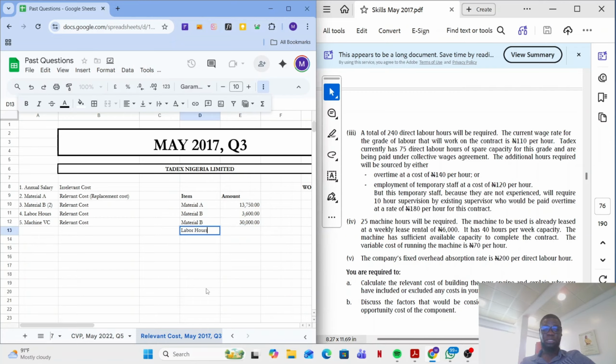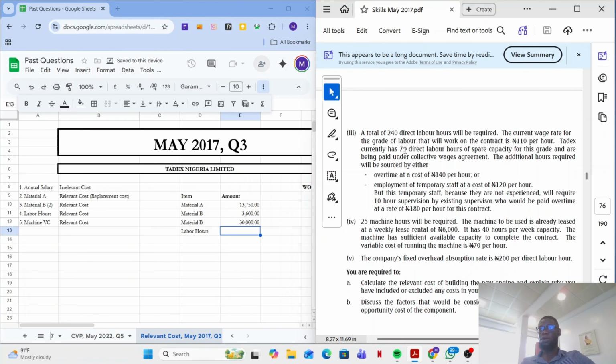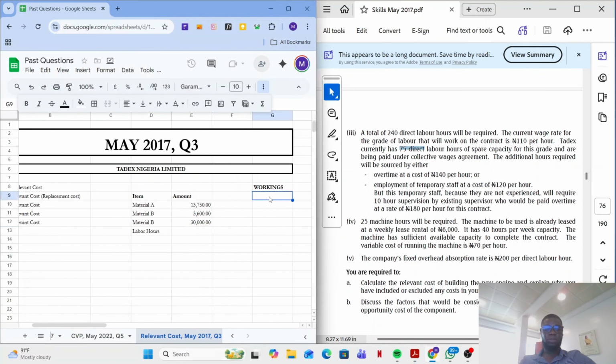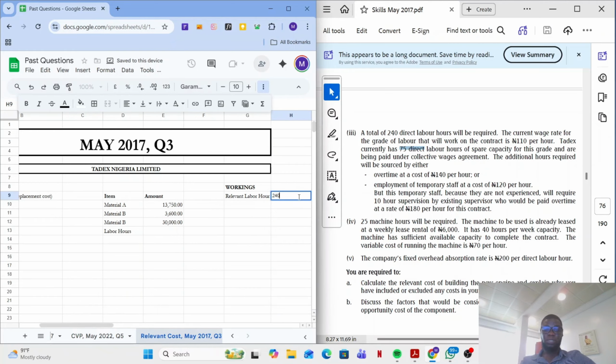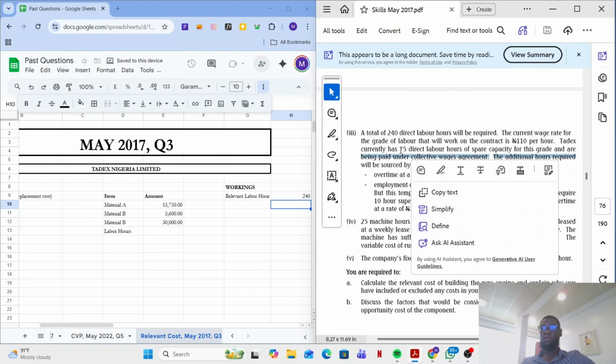There are some things that we noticed. The first thing was that they said 240 direct labor hours, at 110 rate, and 75 is spare. So we need the relevant labor hours. We know the total hours that they want to spend on that project, which is 240, and we know that there is a spare capacity of 75 direct labor hours.